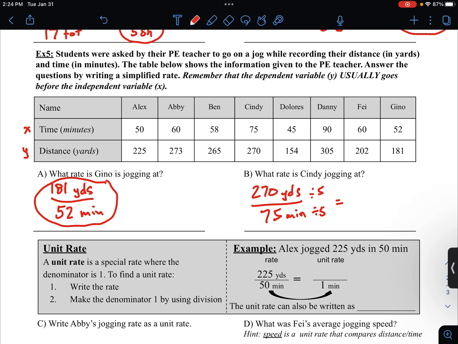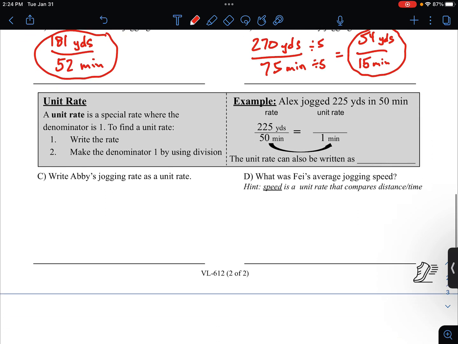My goodness, it's time to pull out a calculator. I believe that's 15. 15 minutes to 270 divided by 5. All right, trusty calculator, you are saying 54, and I do not believe I can simplify that further. So she runs at a rate of 54 yards for every 15 minutes.